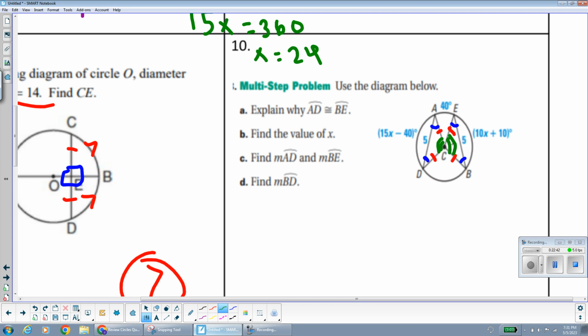And since these are congruent central angles, the arcs that they intercept need to be congruent as well. Let's find the value of x. 15x minus 40 is equal to 10x plus 10.